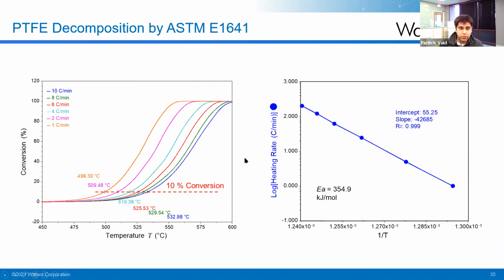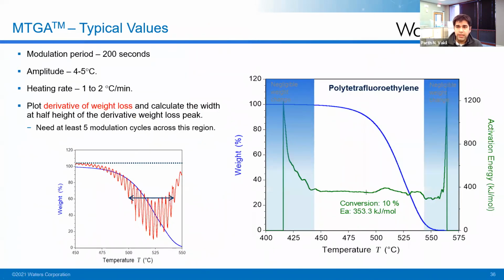Another way you can do that with a TGA 5500 is by using modulated TGA. So this is a method similar to modulated DSC, where you modulate the temperature in the TGA, and in the area where the sample is decomposing, the instrument will analyze that data because it is subjecting the sample to different heating rates, and it'll give you a graph where you have the activation energy.